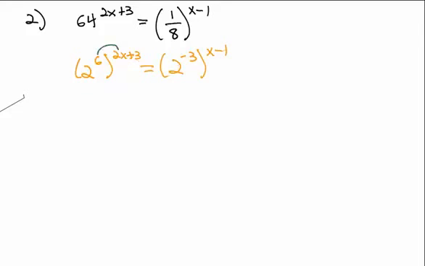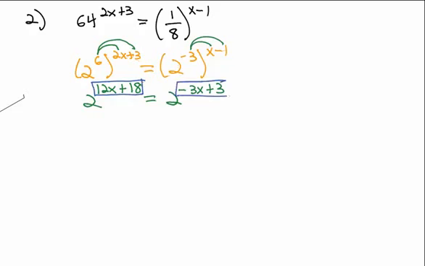Now we can take those exponents through the parentheses. Multiplying, distributing, all the way through gives us 2 to the 12x plus 18 equals, taking that negative 3 all the way through, 2 to the negative 3x plus 3. And again, since the bases are equal, the exponents must be equal to each other. 12x plus 18 must equal negative 3x plus 3.